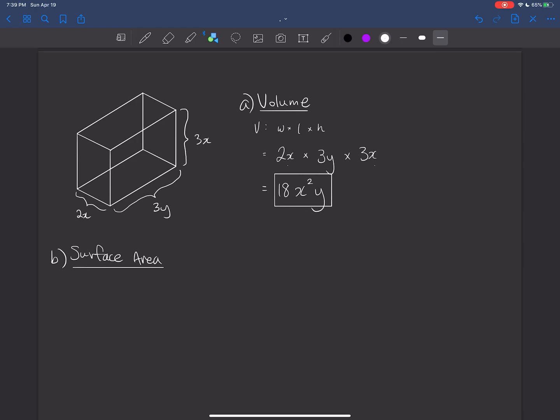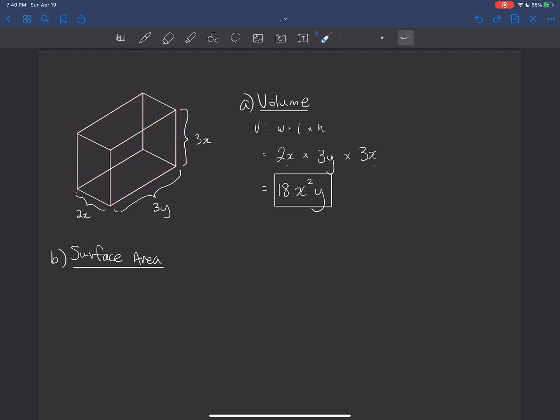And let's work on the surface area. As you know, there are two sides that are exactly the same as each other. So we have this side and this side that are the same, and this side and this side that are the same, this side and this side that are the same.